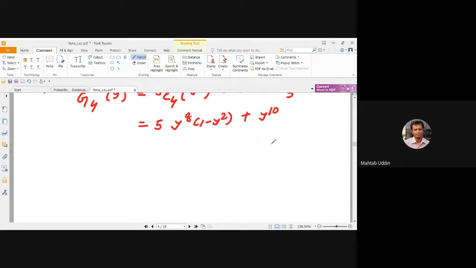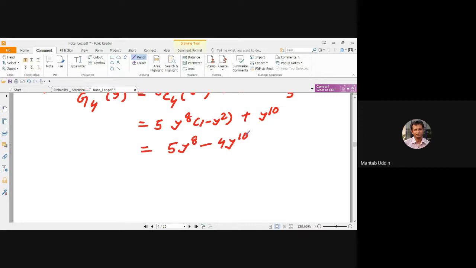So after simplification, you will get 5 y to the power 8 minus 5 y to the power 10 plus y to the power 10, so 5 y to the power 8 minus 4 y to the power 10. This is the formula. Okay, we got the formula.